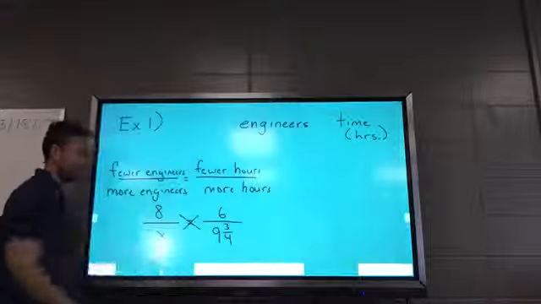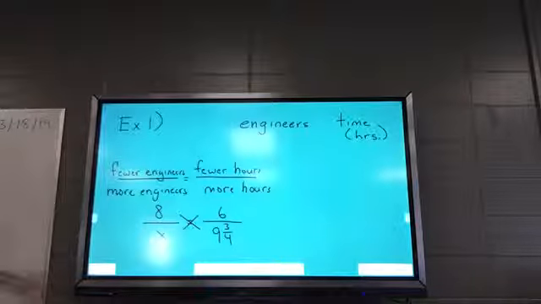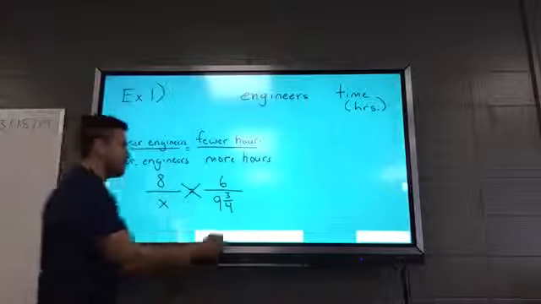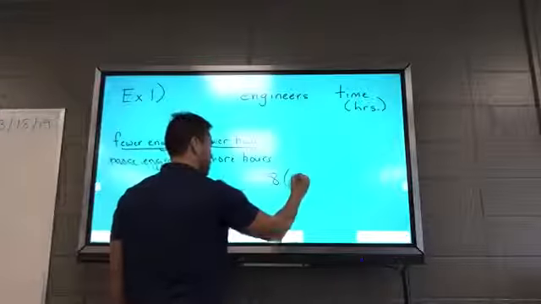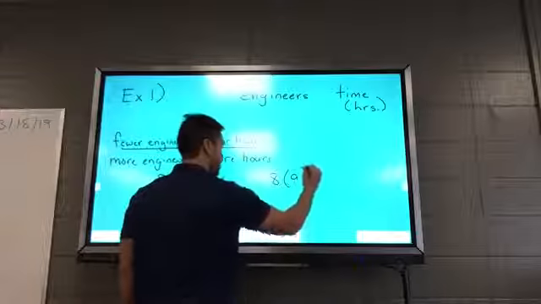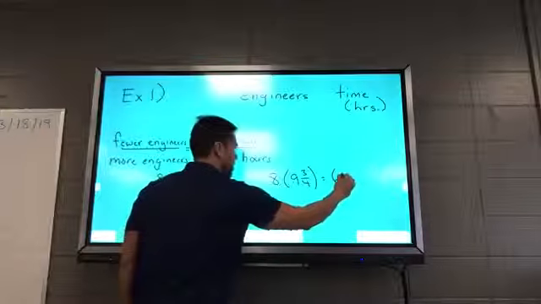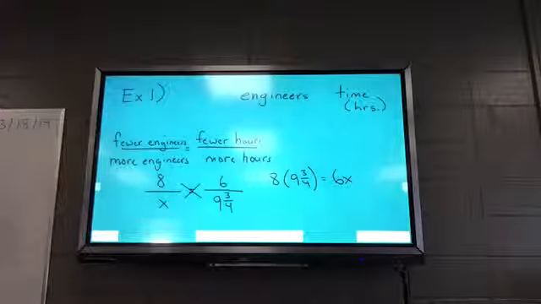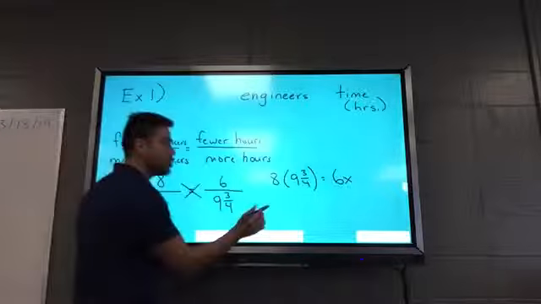Cross multiply. And don't forget you're dealing with a mixed number. There are a couple of ways you can deal with that. I have a question. With the 9 3/4, could you change it to a decimal to make it easier? You can, you can do 9.75. You can also do a fraction. I'm going to do it with the fractional part.